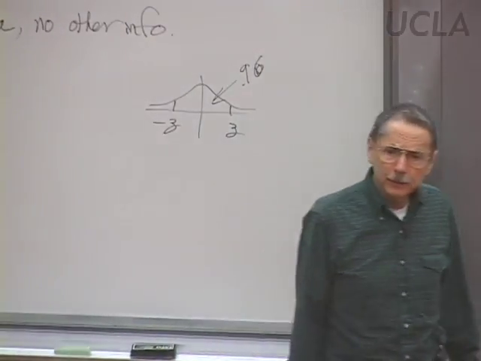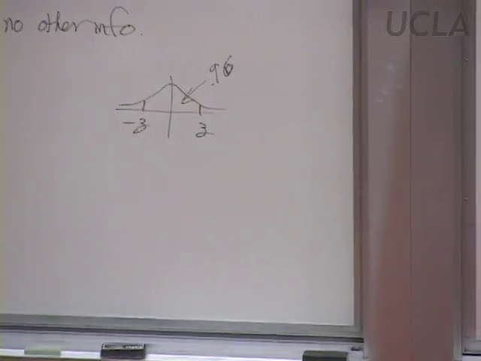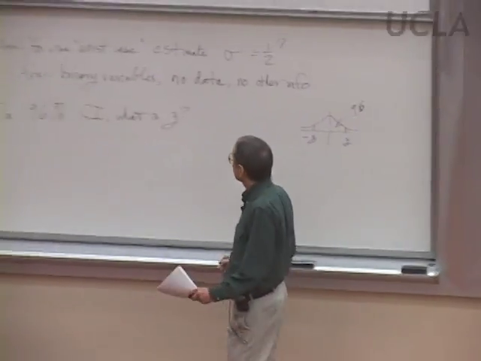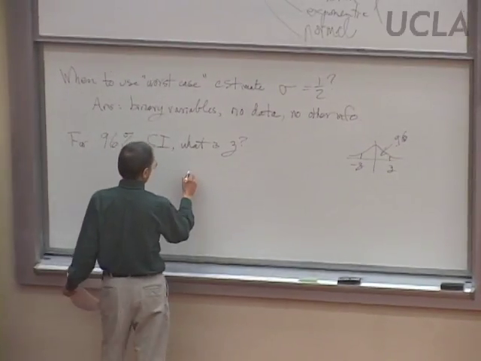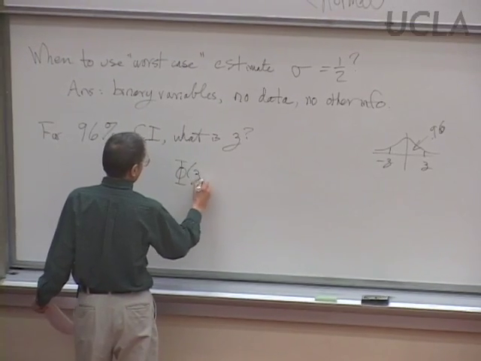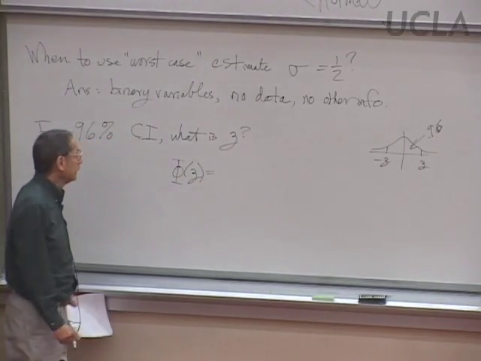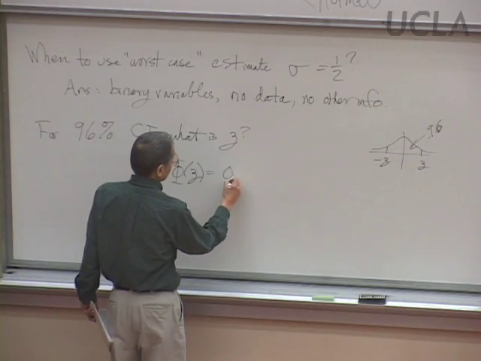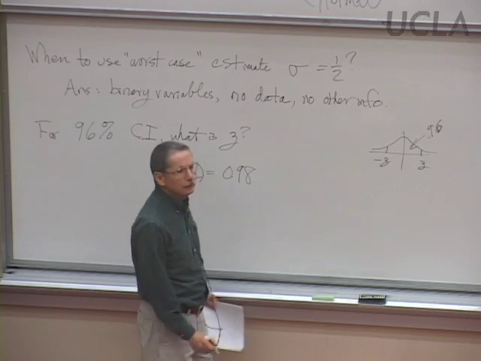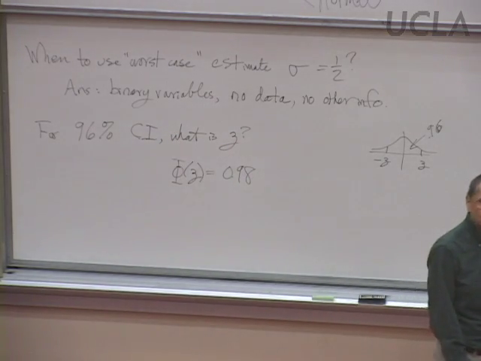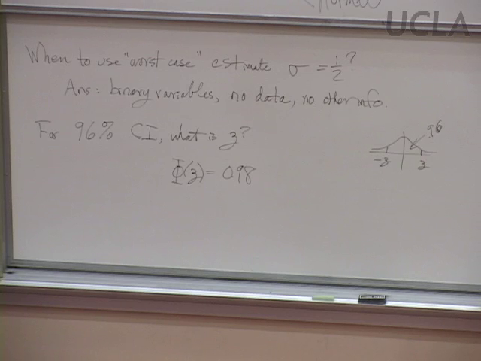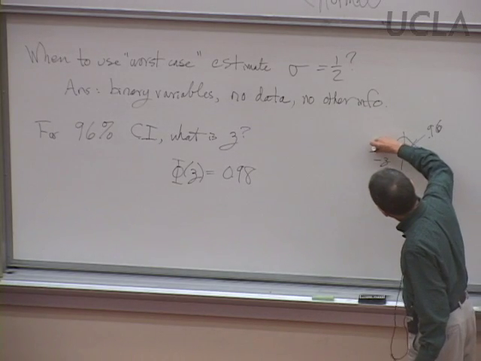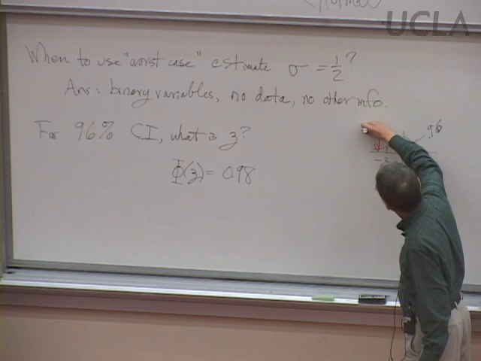So how to determine that number? Well, we look in our table on page 919 for a number phi of which is going to be 0.98, not 0.96, 0.98, because phi includes the left-hand tail here.